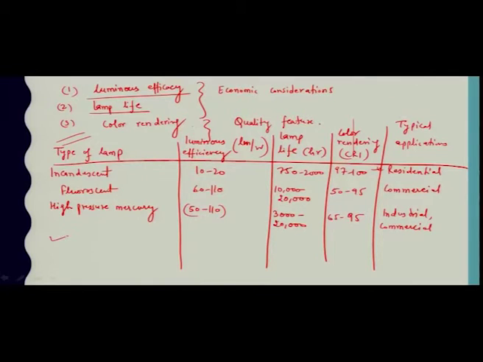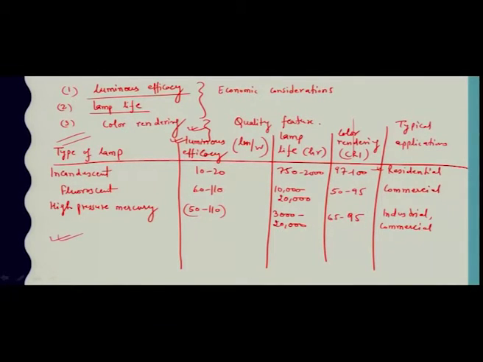So this is the characteristic of selected lamp types. This luminous efficacy refers to the efficiency of the lamp, that is, its capacity to convert electrical power to luminous power. This luminous efficacy is measured in lumens per watt.